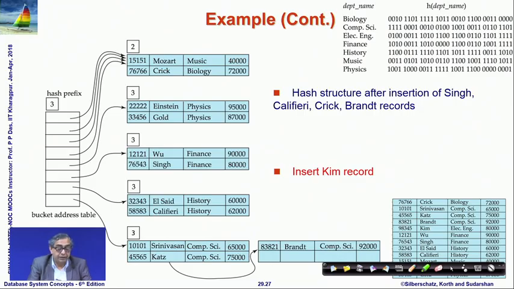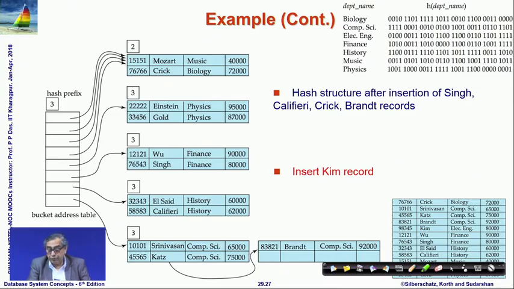So, at level 3 of prefix, all of them have prefix 1 1 1. So, you would have required to split or increase the prefix level, globally the prefix level to 4. But assuming that there is an upper bound on the number of prefix levels you can do, which decides the size of the bucket address table, if that is given to be 3, you certainly cannot increase it further.